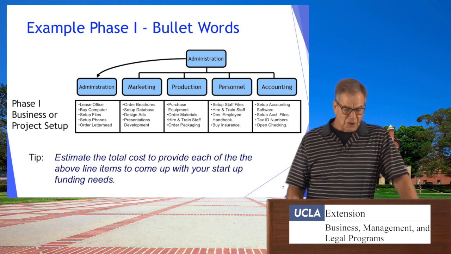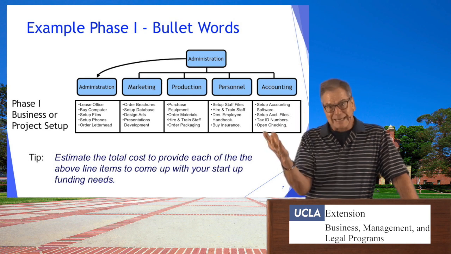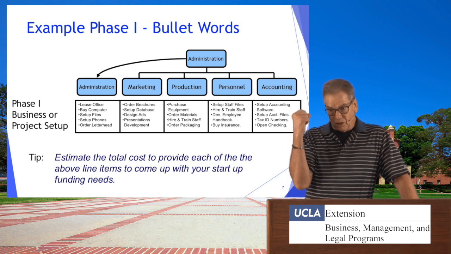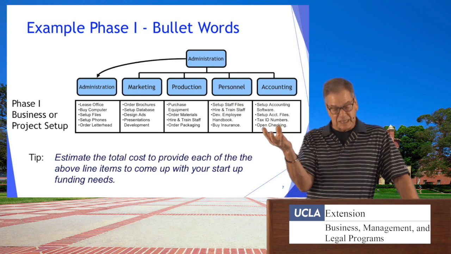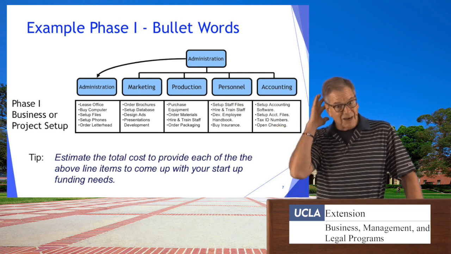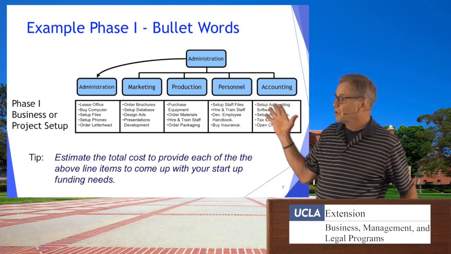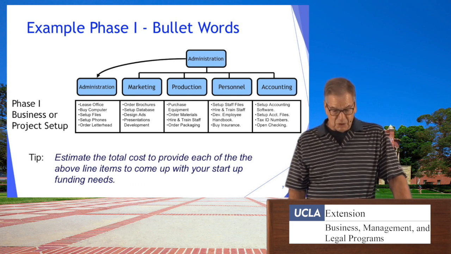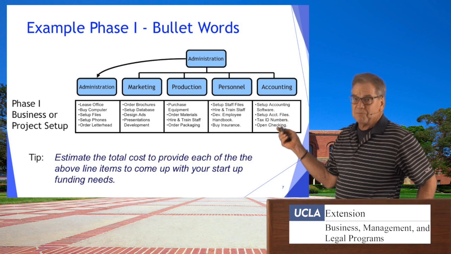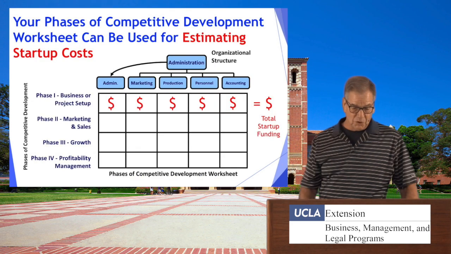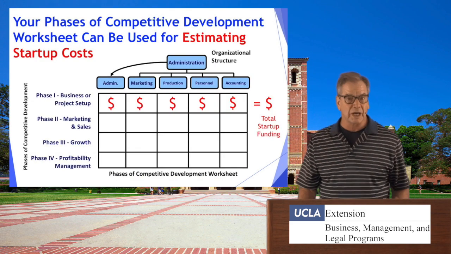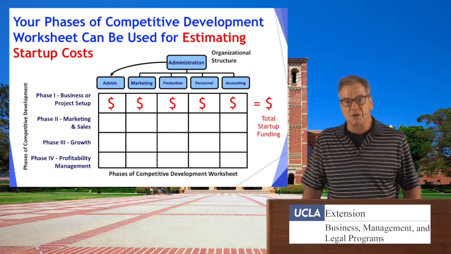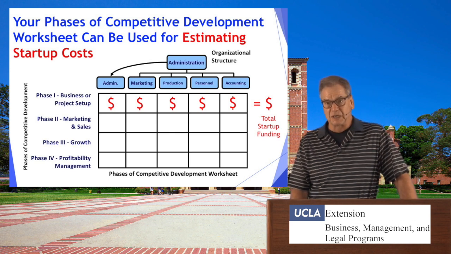So all these things represent money. They represent a logical necessity, but they also represent time. And so in essence, we're looking at a construction schedule for your business. And we can also use the same concept for doing a wide range of business startup estimating, cash flow estimating.